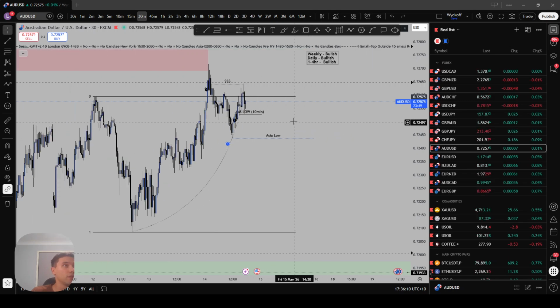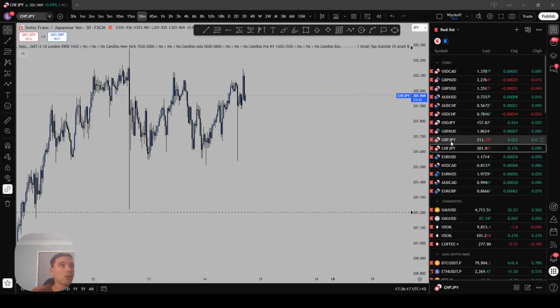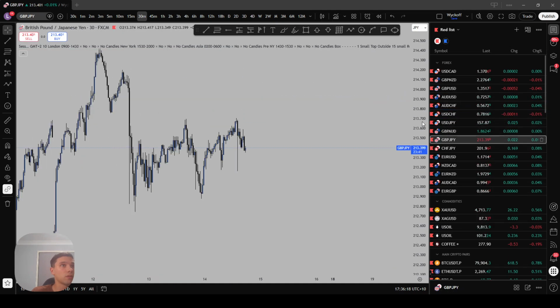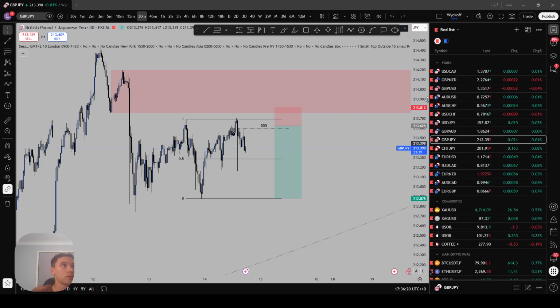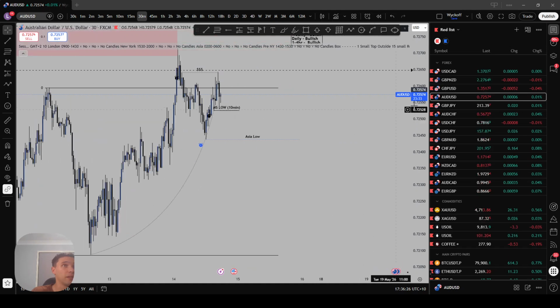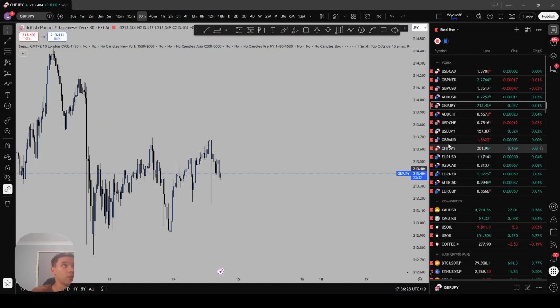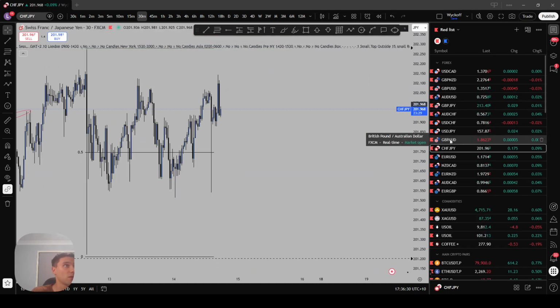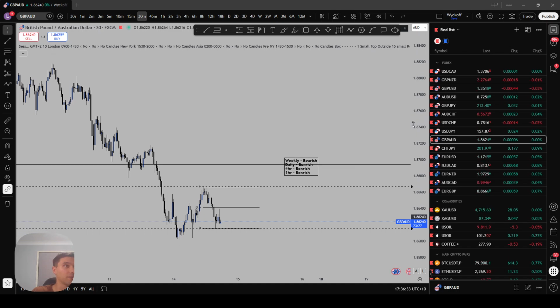AUD USD, keep an eye out there as well. GBP JPY, keep an eye out there as well. So quite a few, like honestly, it's pretty open play today in the markets. Really open play.